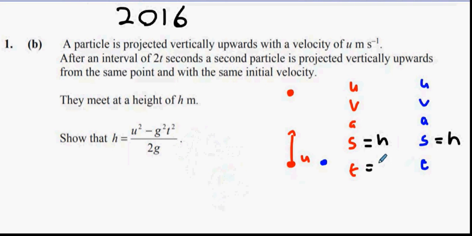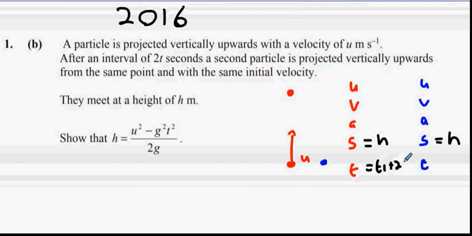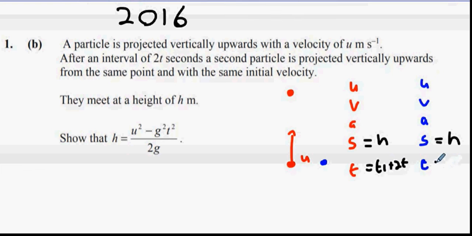The red stone will travel further than the blue stone, because the red stone will go up and back down again. There are two potential systems you could use. You could use the time spent in the air by the red stone, which is thrown first and therefore spends more time in the air, as T1 plus 2T, and then say the blue particle spends T1 in the air. That's one possible system.